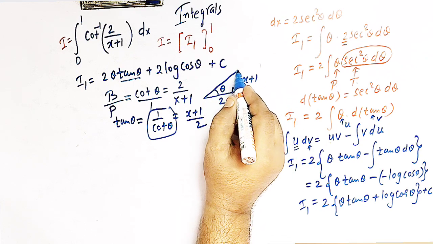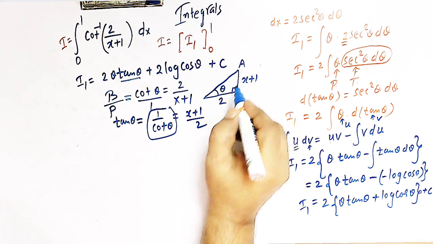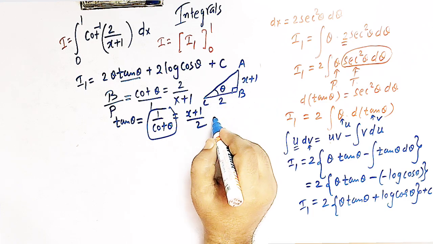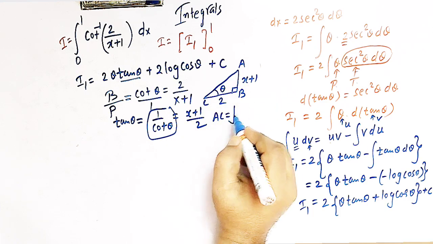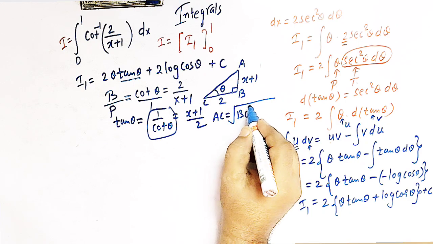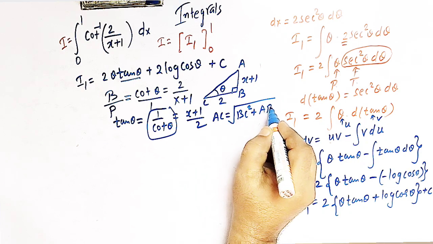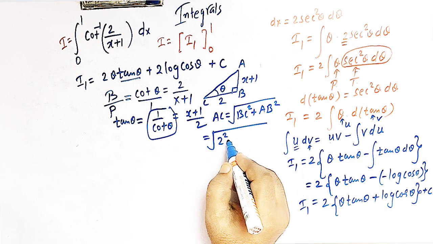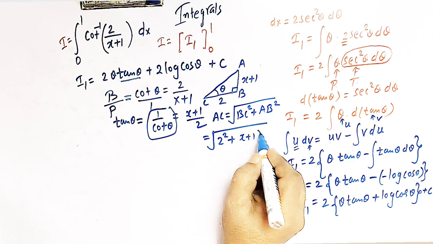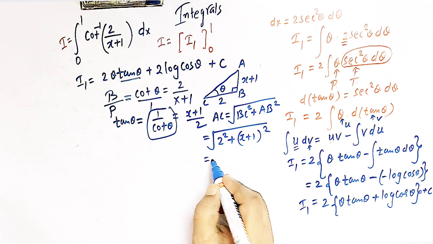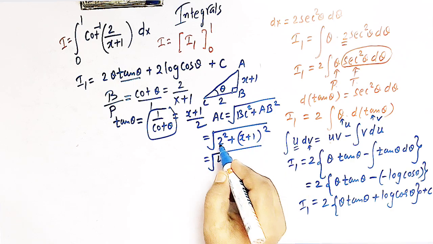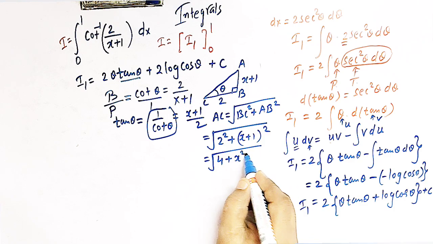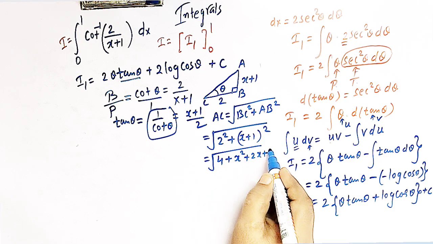So applying the Pythagoras theorem here, we can write the value of the hypotenuse as square root of BC square plus AB square. So we have square root of 2 square plus x plus 1 square, and we can write 2 square is 4, then a plus b whole square, this is x square plus 2x plus 1.